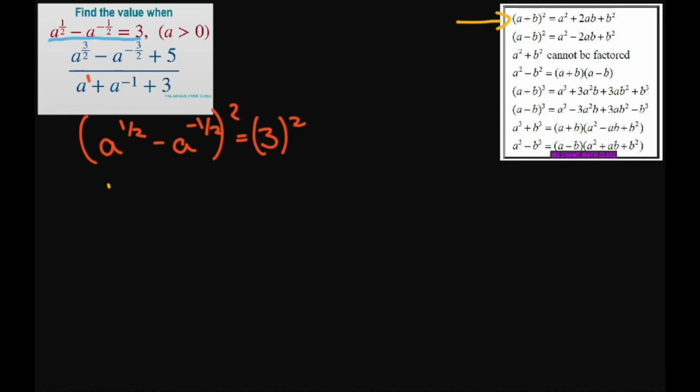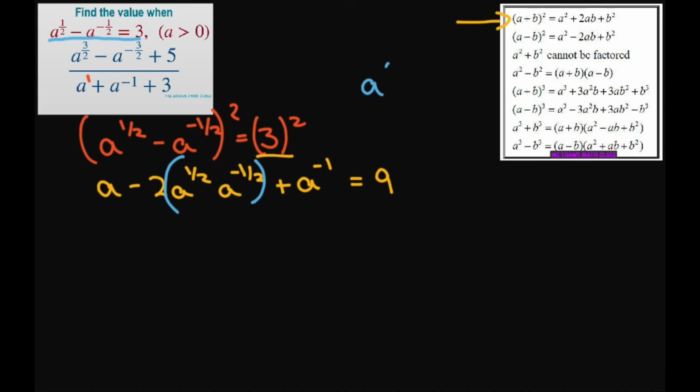That's going to give you a minus 2 times a to the power of 1/2 times a to the power of negative 1/2 plus a to the power of negative 1 equals 9. Now just like before, this right here is just going to equal 1, because that's going to give you a to the power of 0 when you add these two, which equals 1. So we have a minus 2 plus a to the power of negative 1 equals 9.